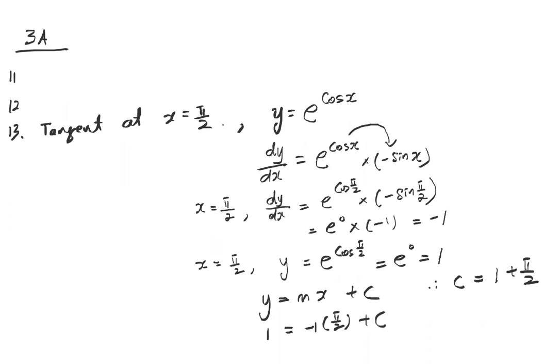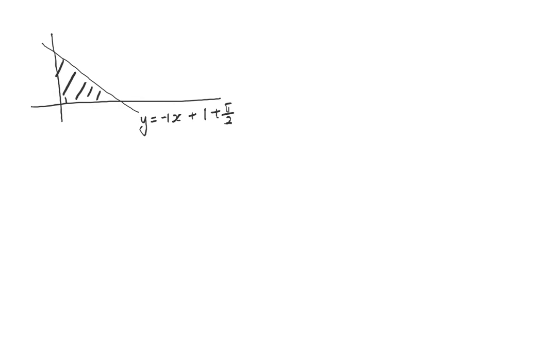Okay, so after that, then we go back to the graph. Shall we? Okay, so you look. This is y equal to mx plus c. All right? So they want this area. So this is the y-intercept.